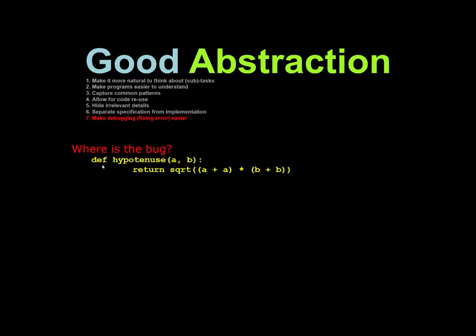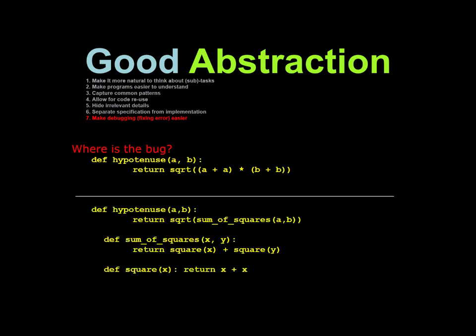So for example, define hypotenuse A, B is written in this manner. It is not obvious what the problem is. On the other hand, if you have written it in this manner, it is easier to see that the error is because square x is written as x + x instead of x * x. So this is a simple illustration.